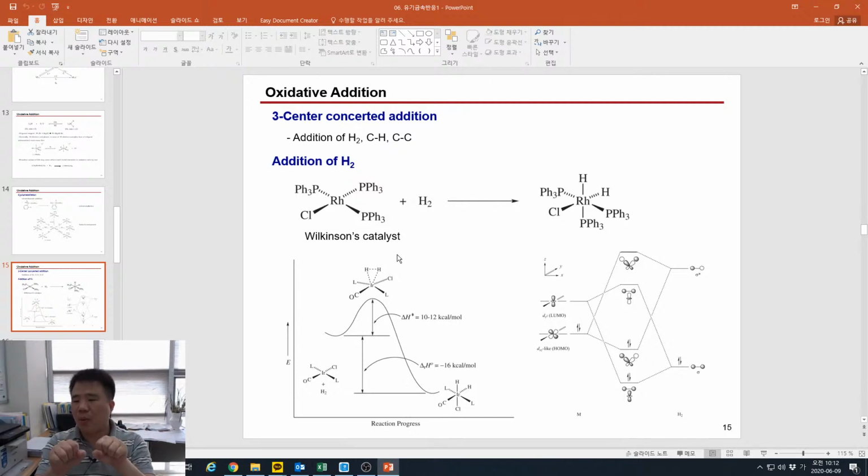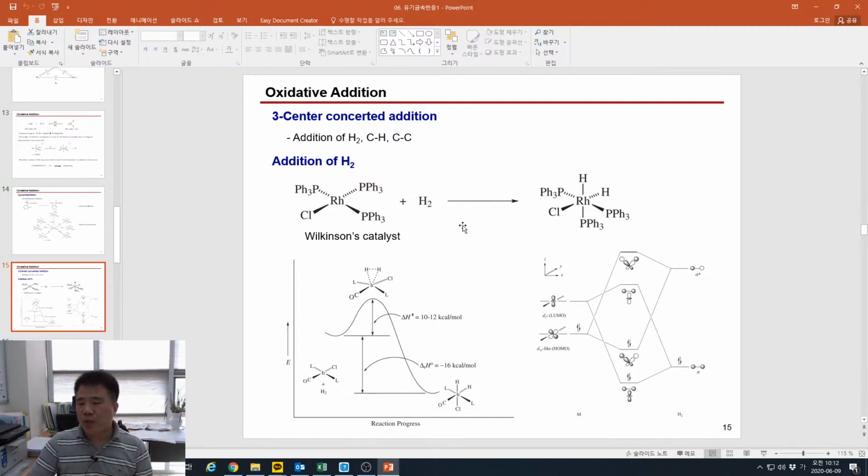is the non-polar bond. In organic chemistry, the HH bond, CH bond or CC bond. In organic chemistry, these bonds are non-polar, although there is some difference of electronegativity.